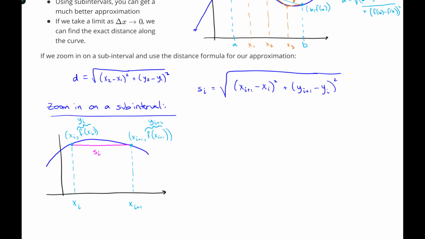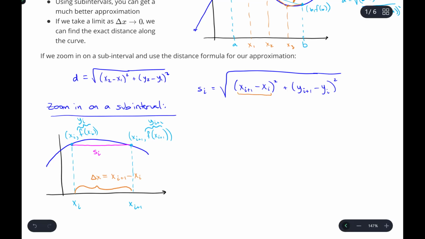Now, let's see. The next thing I could observe is that the distance between these 2 points is what is known as delta x. And delta x is, of course, the difference between any 2 endpoints of subintervals, so x sub i plus 1 minus x sub i, which is exactly what I have right here.